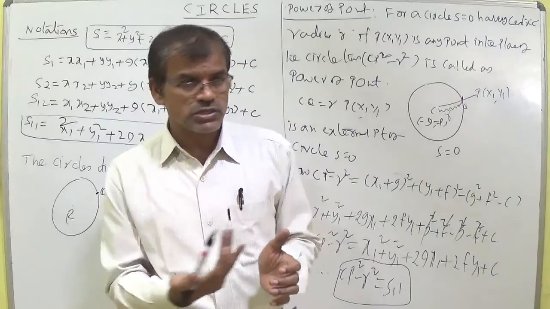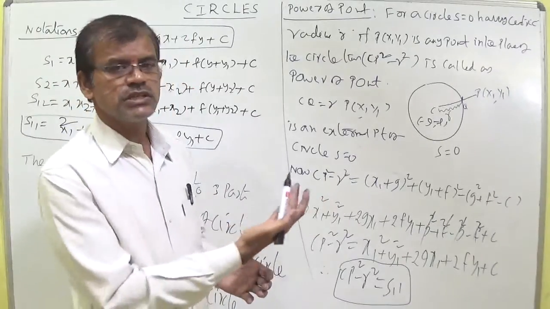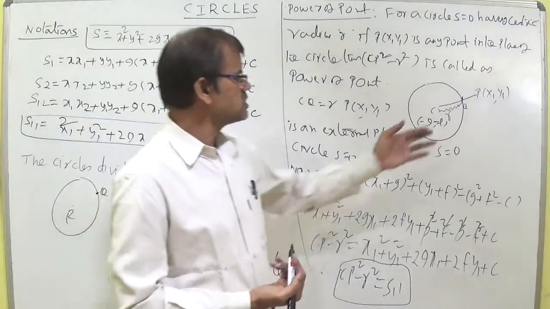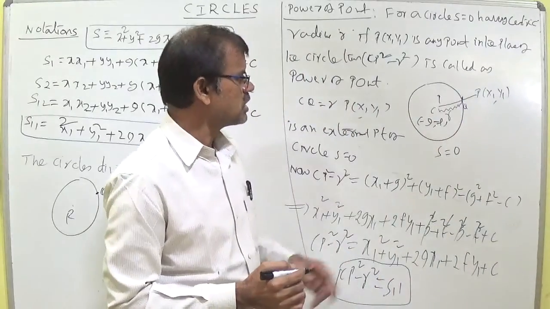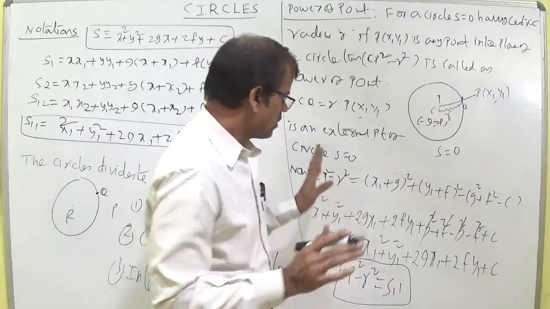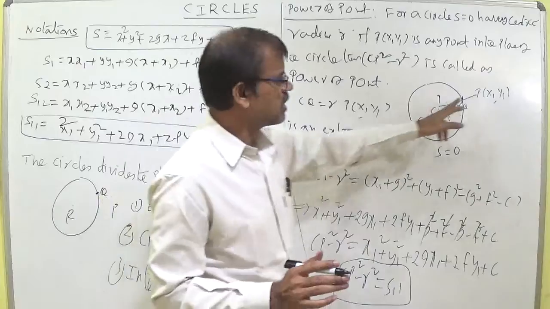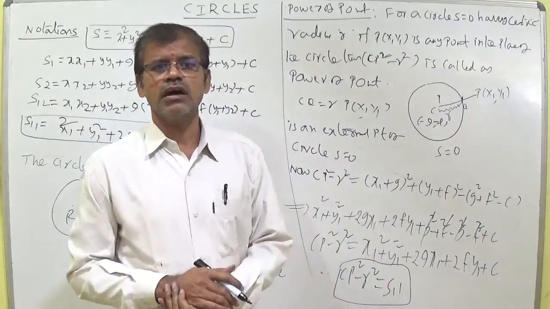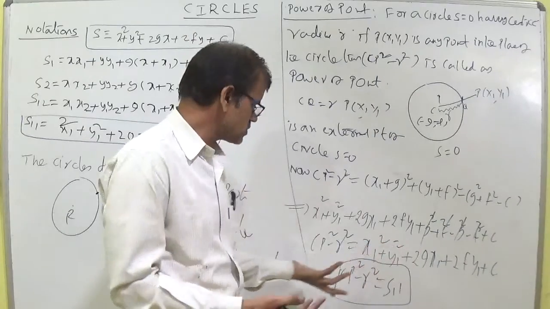If the point is inside, the distance is reducing, so CP is less than r. Now for the first case, CP greater than r: CP square greater than r square, CP square minus r square greater than 0, then S11 greater than 0.